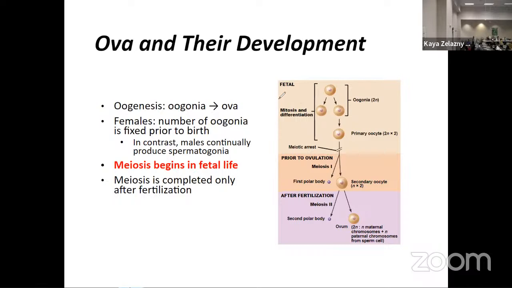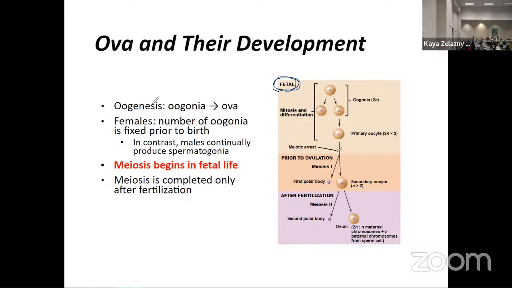When would you get more oogonia? Those are the germline cells analogous to our spermatogonia. This is actually happening during fetal life. So this is earlier in development when we would be producing our total pool of ultimate egg cells.